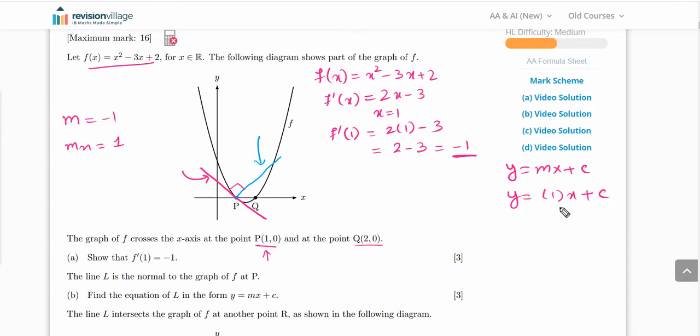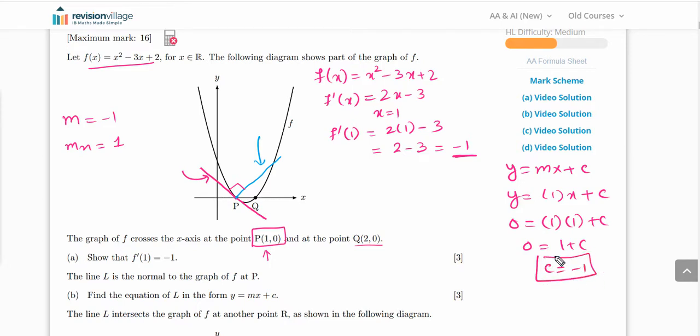I have the gradient. Now I have to work out the y-intercept. As we know, point P has x coordinate 1 and y coordinate 0. So in this equation I'll put y equals 0 and x equals 1. So it'll be 0 equals 1 times 1 plus c. So 0 equals 1 plus c, so c is equal to -1.